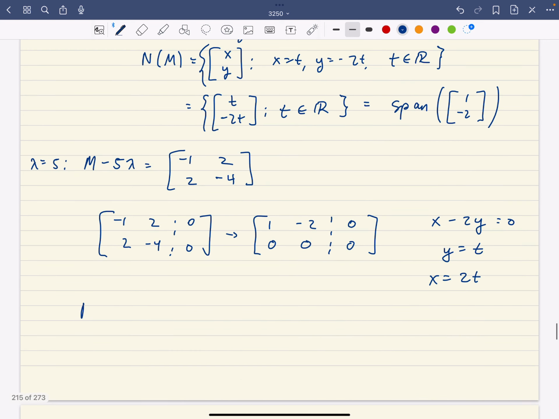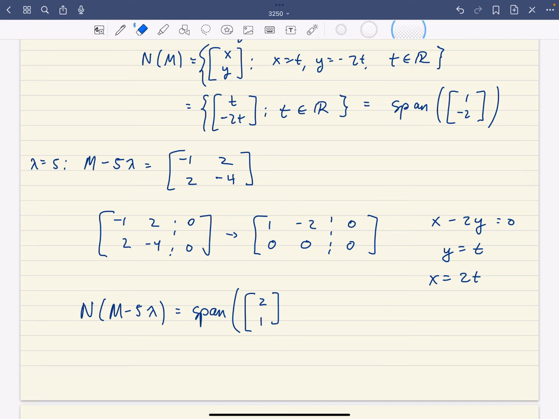So here we'll parameterize y equals t, x equals 2t. And so that means that our null space corresponding to this eigenvalue, or eigenvector, will be the span of, just cutting out a bunch of the stuff that we did before, the span of, so this would be 2t over t, so 2 over 1. So let me actually add a little bit more.